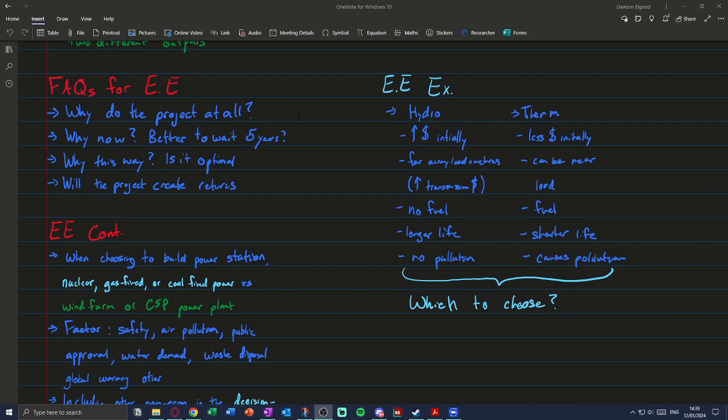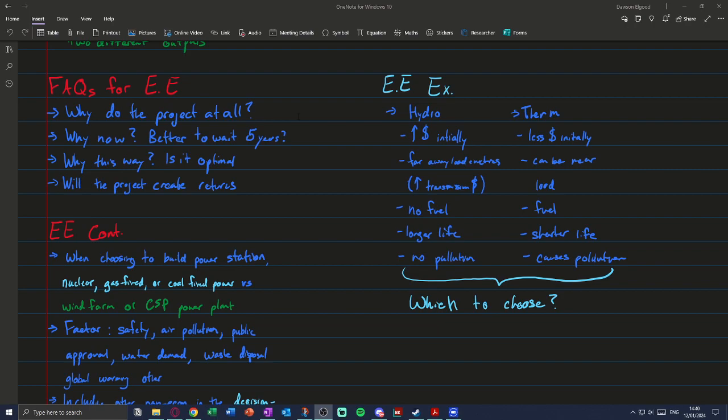An example of comparing side by side is comparing hydro and thermal, which is thermal gas, two different sources of heat. Initially, hydro costs much more, but thermal is much less. With hydro, the load is far away, so it costs money for transmitting the load, while thermal can be very near the load.